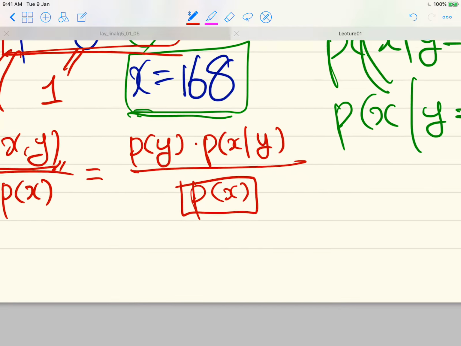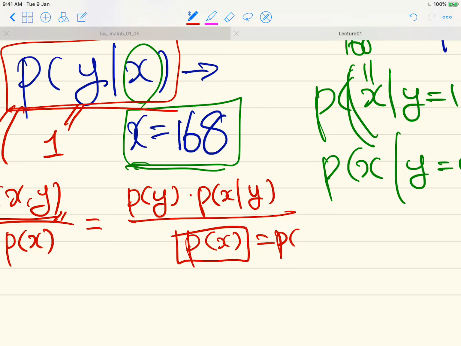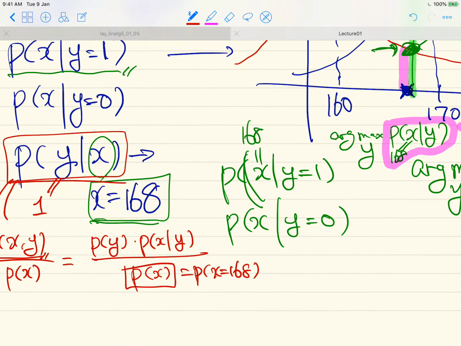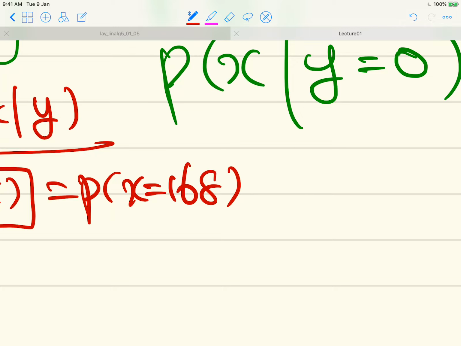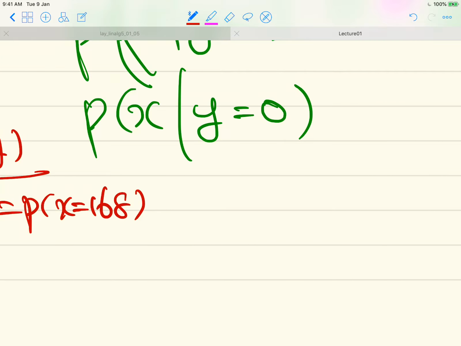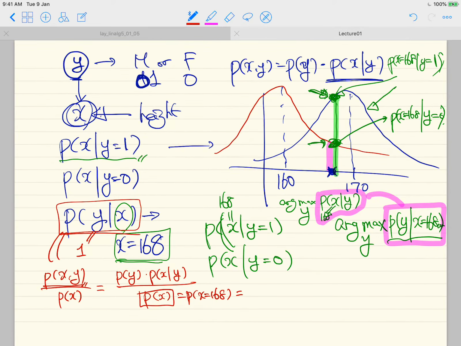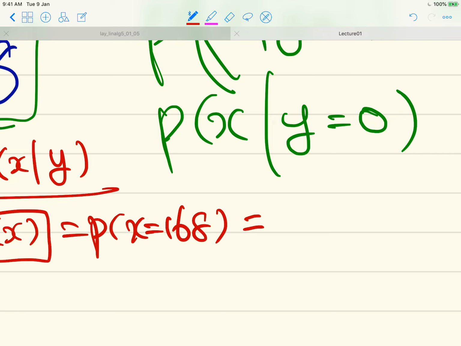What is the meaning of p of x? It is like p of x being equal to 168, right? So what is the overall probability of observing a person having the height of 168 regardless of their gender? We can represent this probability by following the generation process. In this case, x will be generated only after y is determined as a particular value, right?